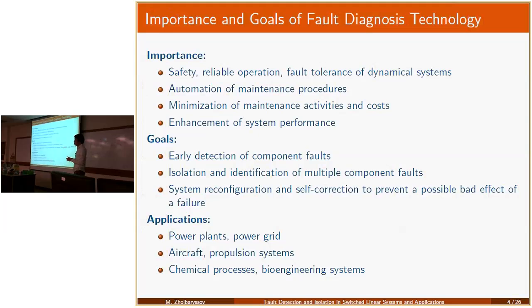It is an issue of primary significance since it provides reliable operation, safety, and fault tolerance of dynamical systems, as well as automation of maintenance procedures, minimization of maintenance activities and costs, and enhancement of system performance through early detection of component degradation, isolation and identification of multiple component failures, and system reconfiguration after a particular failure.